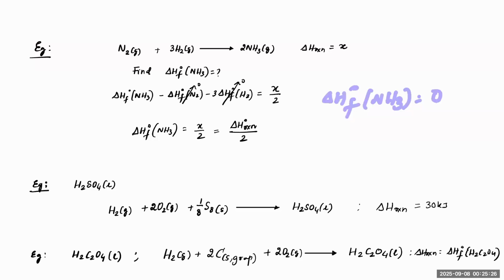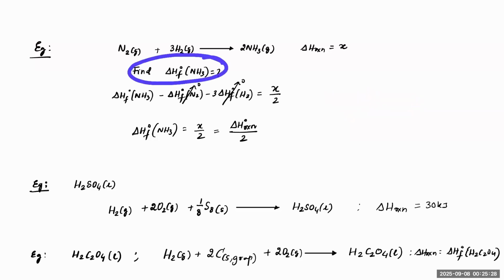Now you know that if I need to find that, first I need to write products minus reactants. So you can see the product is 2 times delta H of formation of ammonia, minus delta H of formation of nitrogen plus 3 times delta H of formation of hydrogen, and that entire thing is equal to X. Correct?